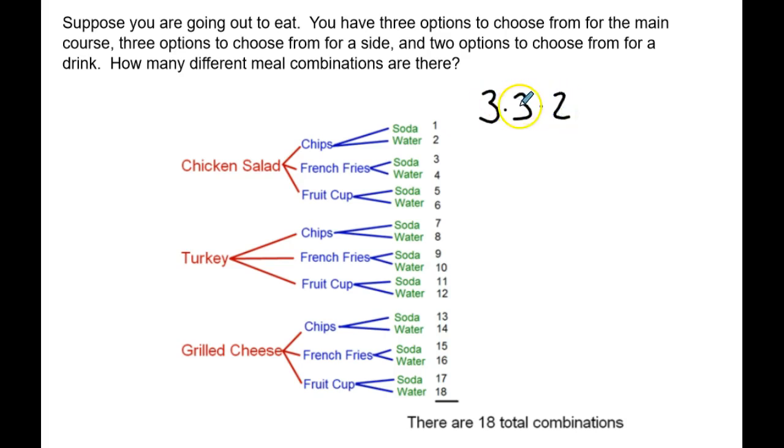So 3 times 3 is 9. 9 times 2 is 18 total outcomes. So that's how we can quickly use the fundamental counting principle to find the total number of outcomes: multiply the different outcomes from each of those different situations.